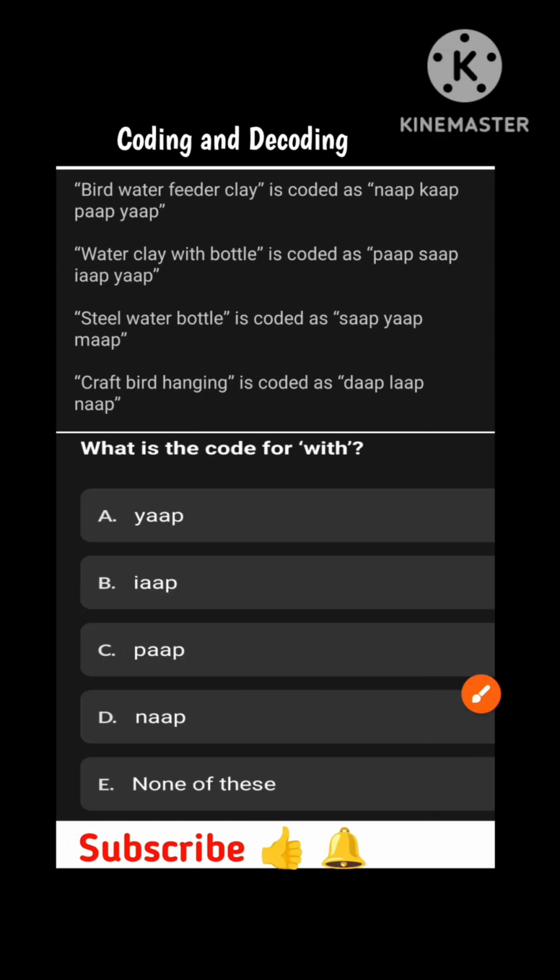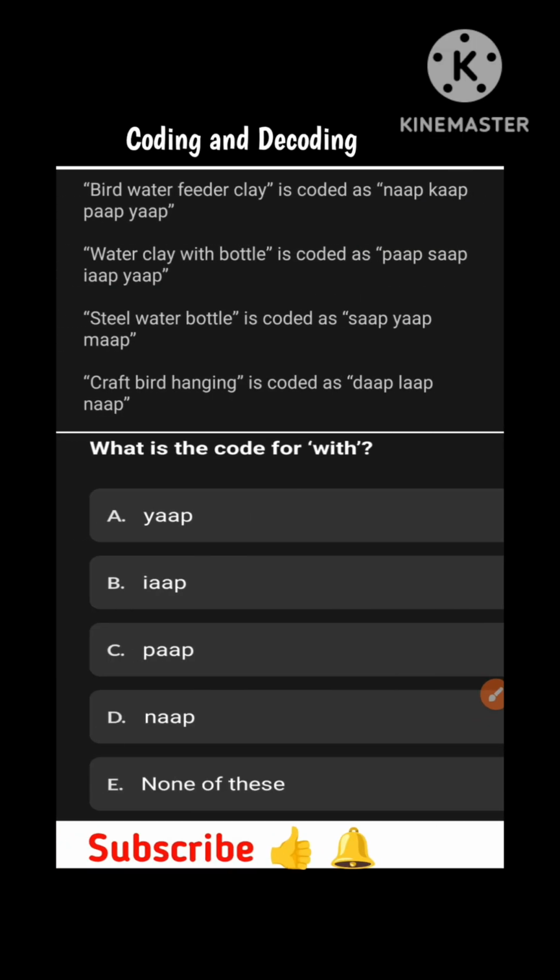Next, this one. First we need to define the codes of each word. But here there is no place, so I'll go with the direct codes of with. I see with here and there is no with anywhere. Water is common in 1 and 2. Clay is also common in 1 and 2. Bottle is common below.